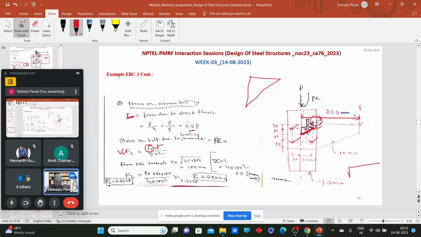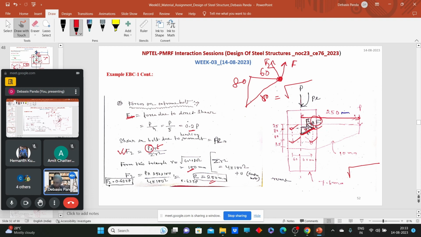Here this bolt is there, F1 force is applying here and F2 force is applying here. This is radial distance r, this is pitch distance 80 and this is 60. So r equals under root of 80 square plus 60 square. So that comes as 100. e is 250.